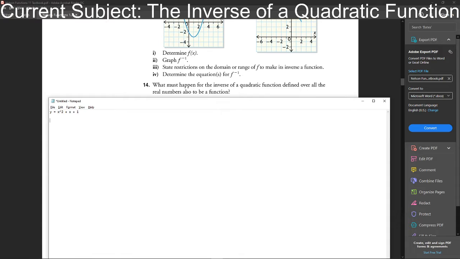And then to find the inverse, we could just do x equals y to the power of 2 plus x plus 1, which would equal x minus 1 minus x over the square root, pretty much.